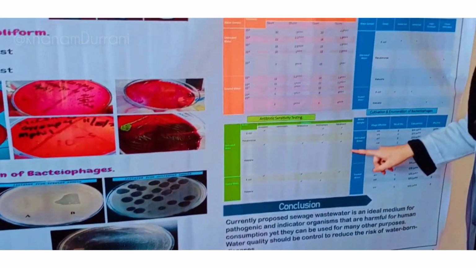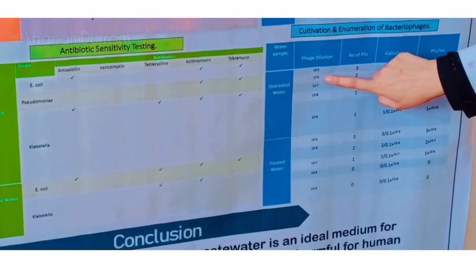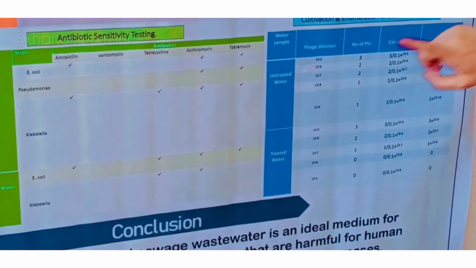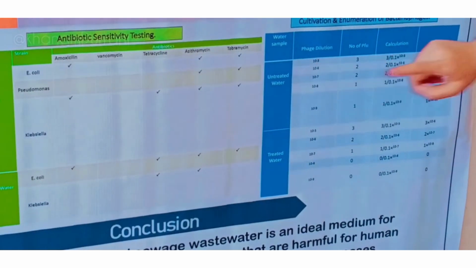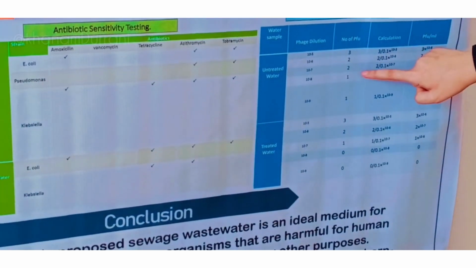You can see from the graph or table that for untreated water, we used 10 to the power minus 5, 6, 7, 8 and 9 dilutions. In the 10 to the power minus 5 phage dilution, the number of PFU was calculated as 3, 2, 2, 1 and 1.